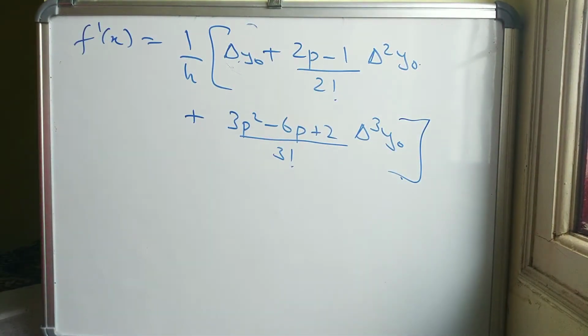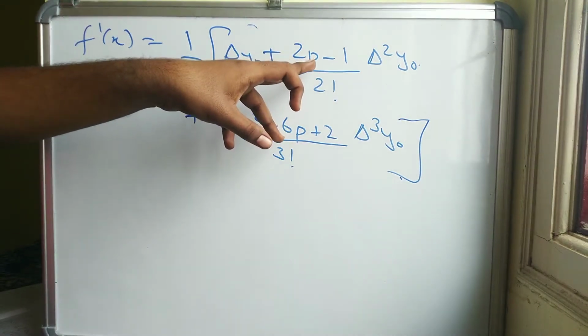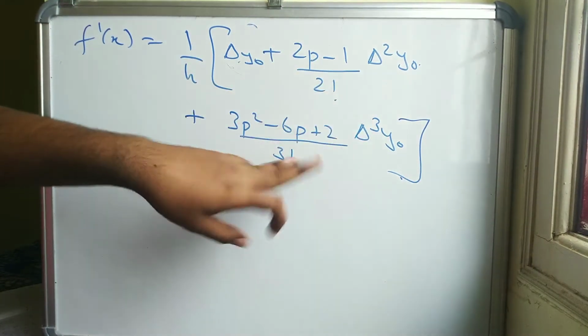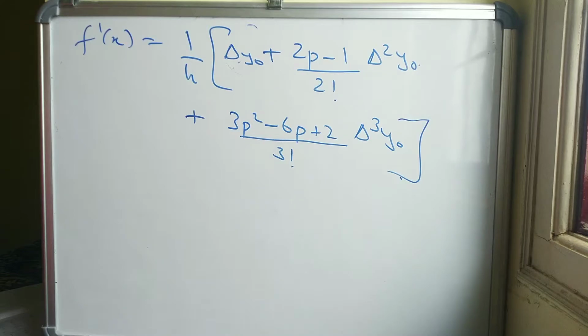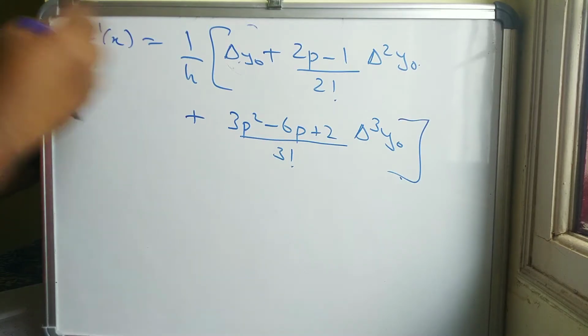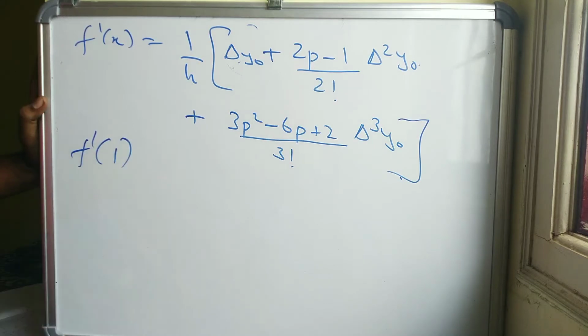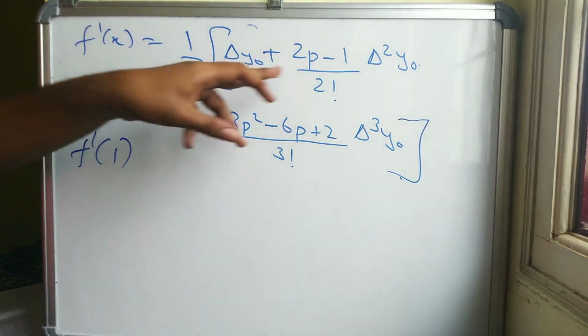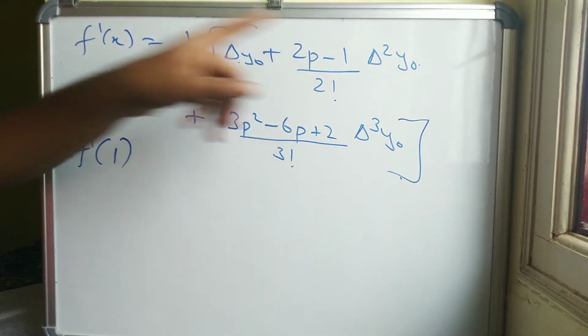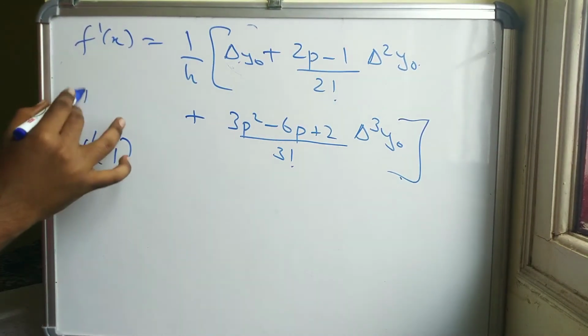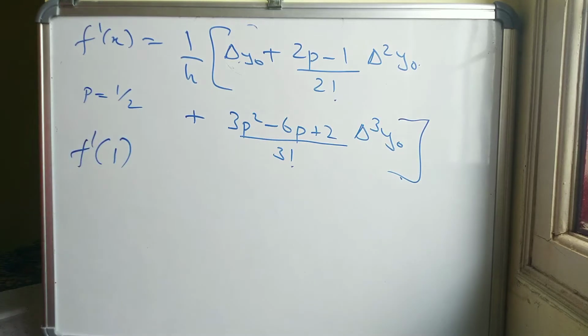x we know, p value is 1 by 2, delta square value, all the values we know. Now you have to just substitute these values. When you substitute, you write it as f dash 1, because we are finding f dash 1. The corresponding value of p is 1 by 2, for the x value 1.